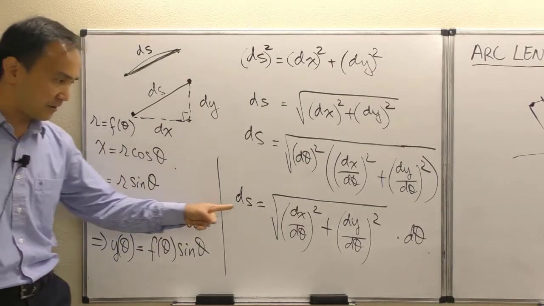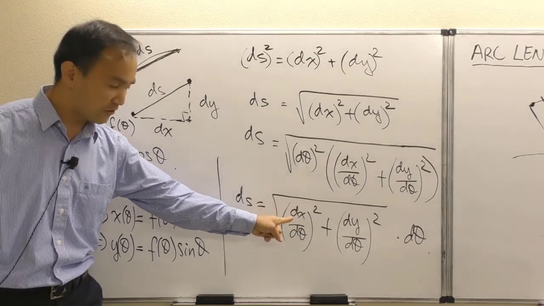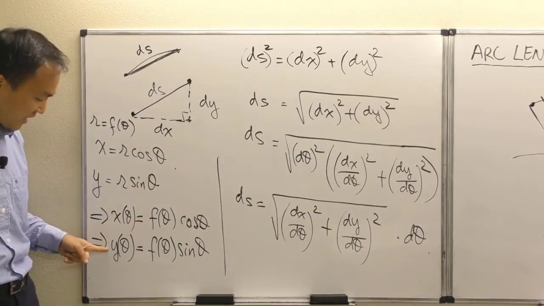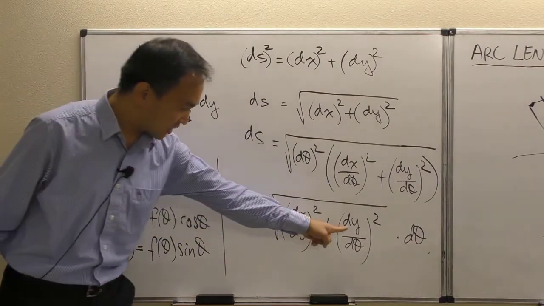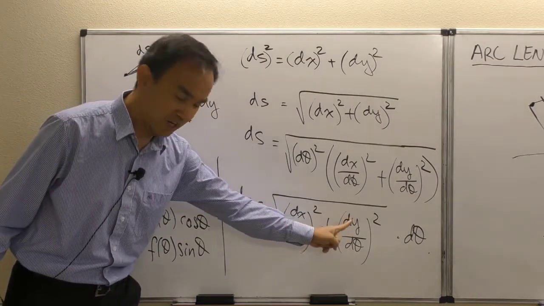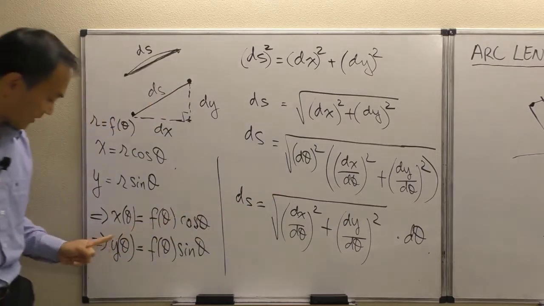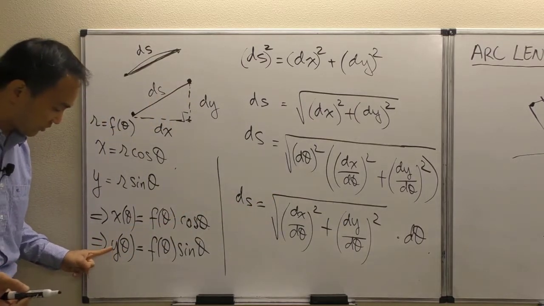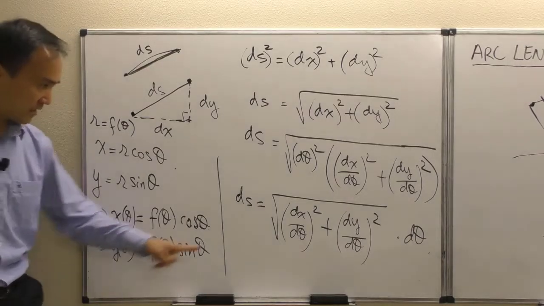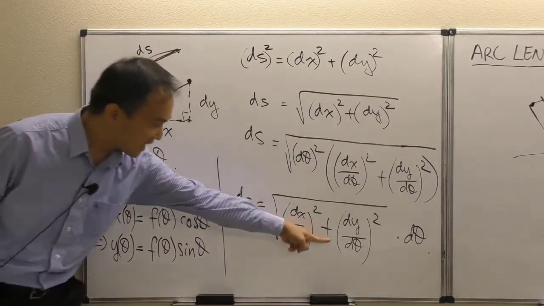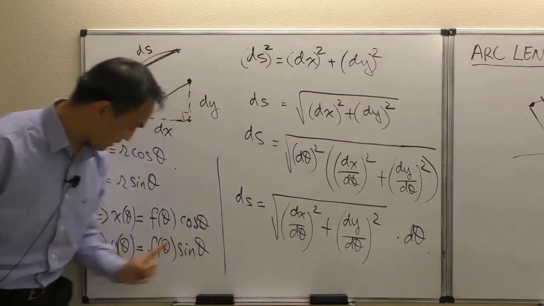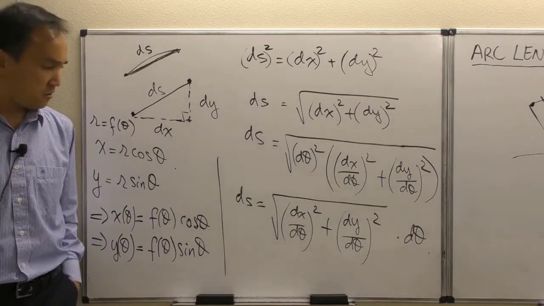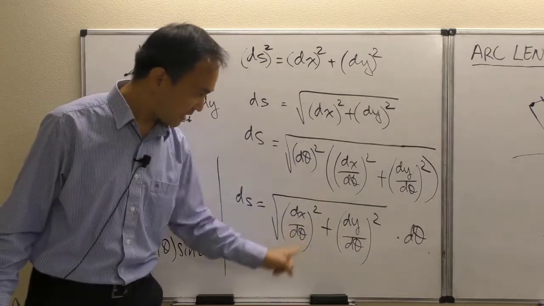So we can take the derivative of that function x in terms of theta. And similarly dy d theta I can recognize as the derivative of this function y in terms of theta. So dx d theta and dy d theta are the same as x prime of theta and y prime of theta. And now we keep that here as a goal.